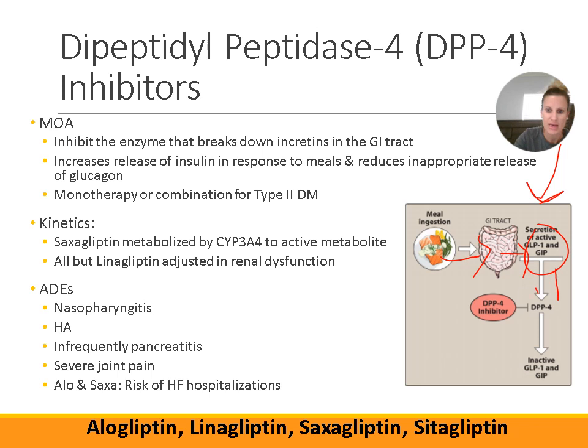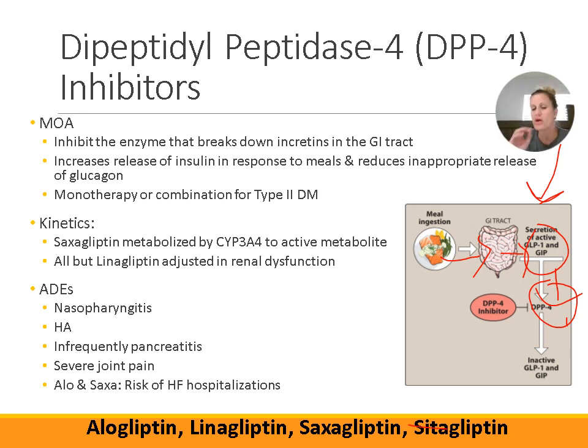GLP-1 is broken down by DPP-4. So DPP-4 here inactivates that. So these drugs, they all end in gliptin, if you notice: alogliptin, linagliptin, saxagliptin, sitagliptin.